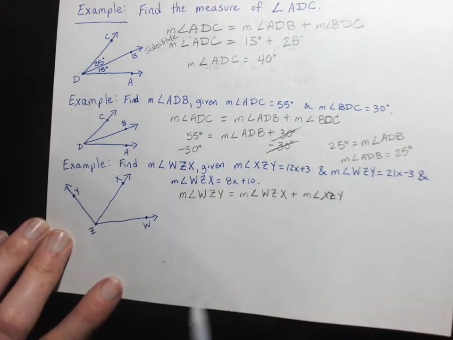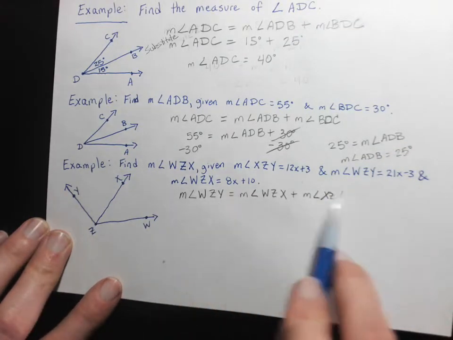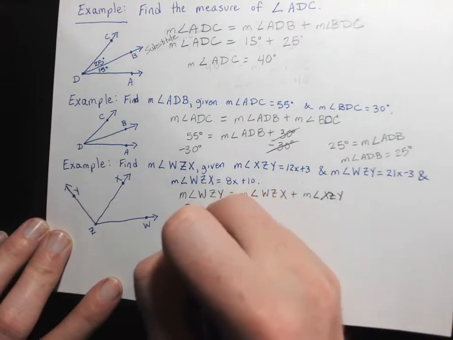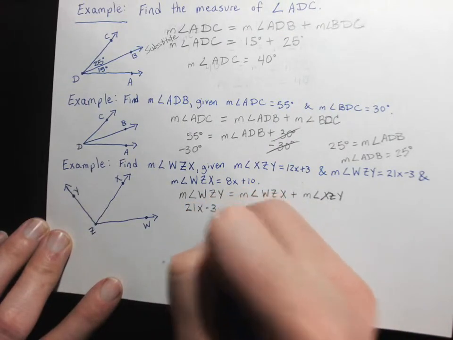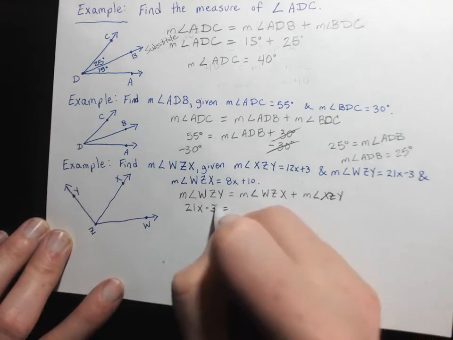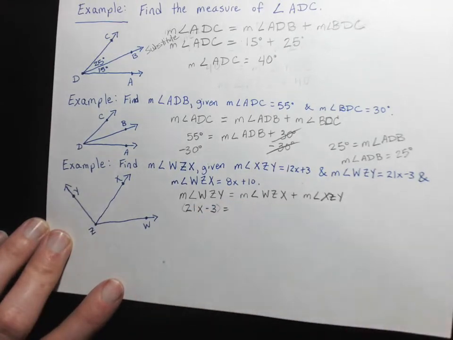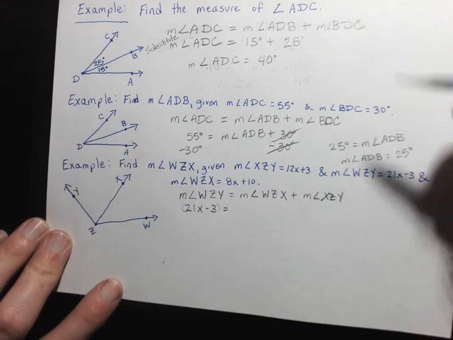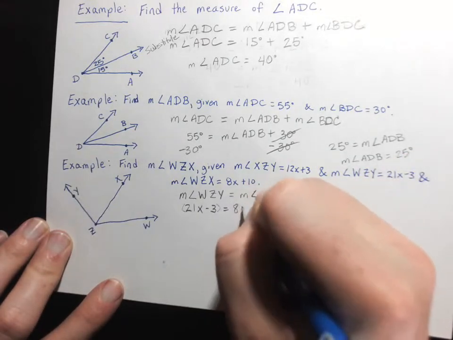Now let's substitute anything that we can. Let's see, WZY, let's find that, is 21x minus 3. I'm going to keep it in parentheses so you know that I'm substituting in for this and you can keep it straight. Next I'm going to do the measure of angle WZX, which is 8x plus 10.